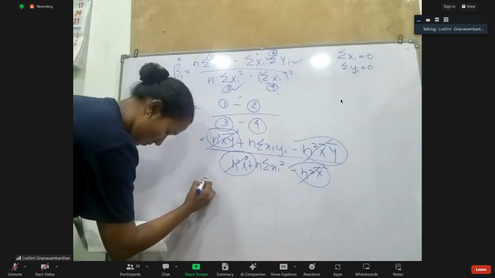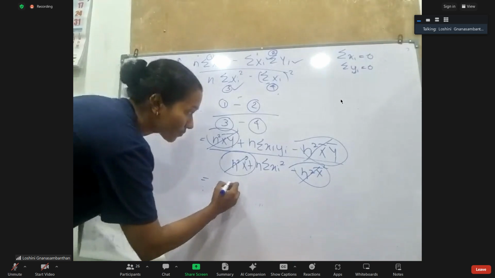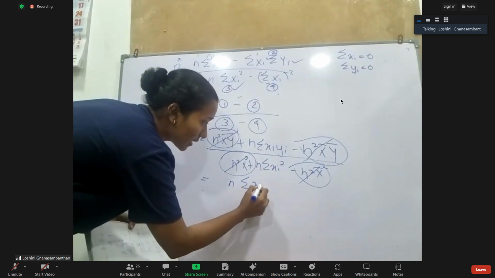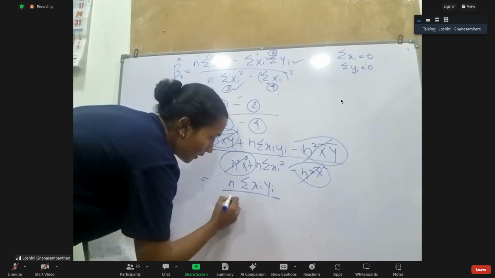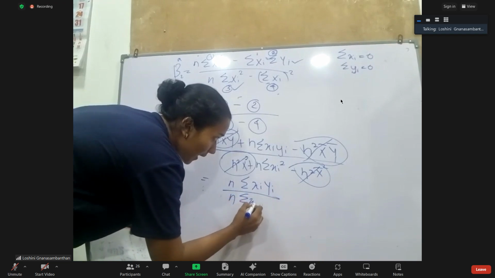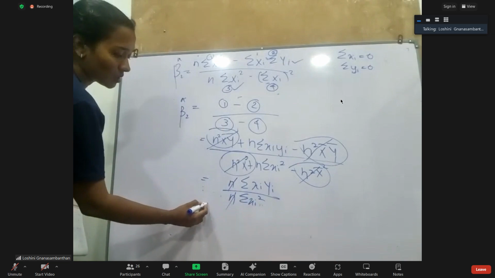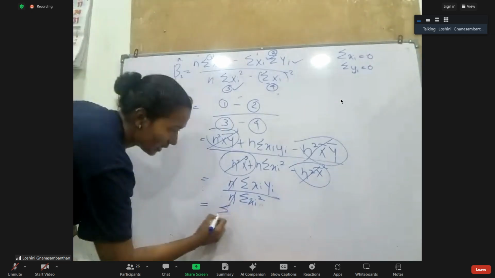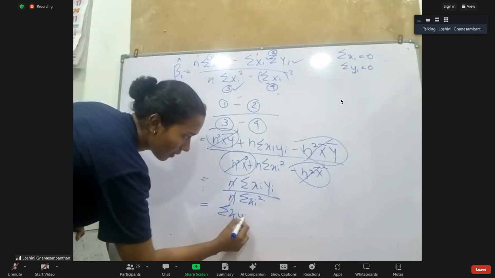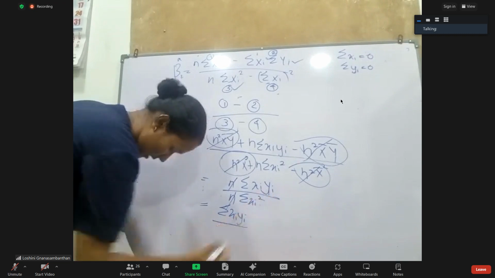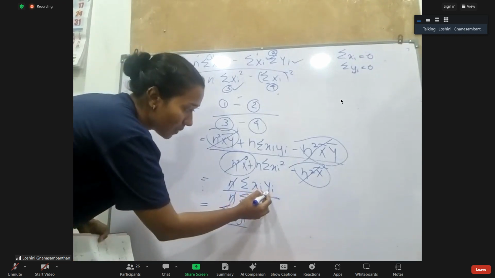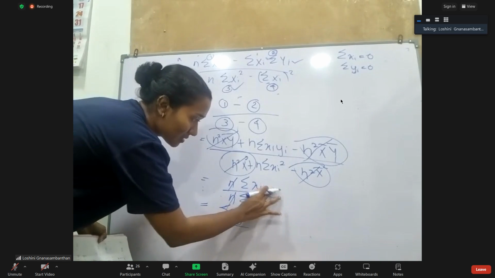So the remaining parts are n sigma xi yi, then n sigma xi square, right? Then you can cut the n off, right? Then finally you end up. Yeah, this is minus, okay? Minus means simple.